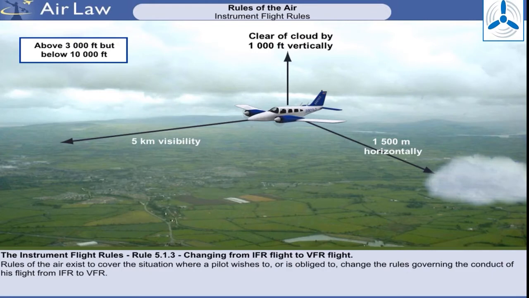In the lesson on the visual flight rules, you learnt about the rules governing the procedure for changing from VFR flight to IFR flight. You will not be surprised to learn that similar rules exist to cover the situation where a pilot wishes to, or is obliged to, change from the instrument flight rules to the visual flight rules.